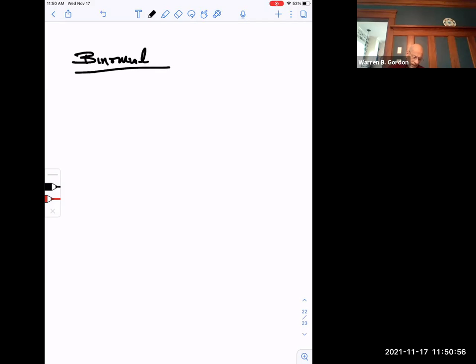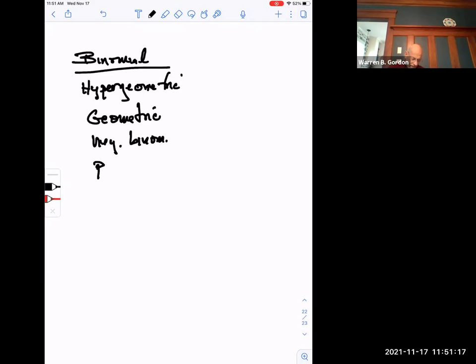After the binomial, I'm going to consider hypergeometric and geometric and negative binomial. And then the Pascal, and then the Poisson. That's basically this last section.